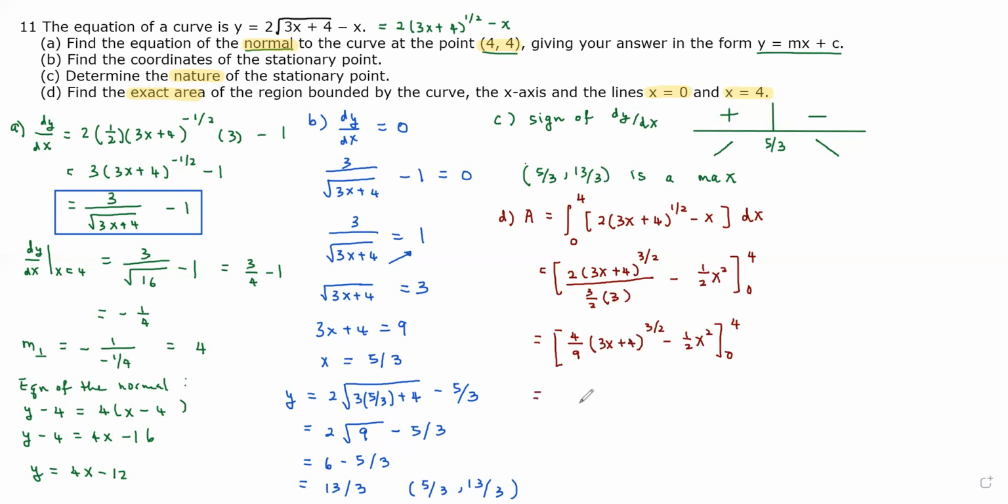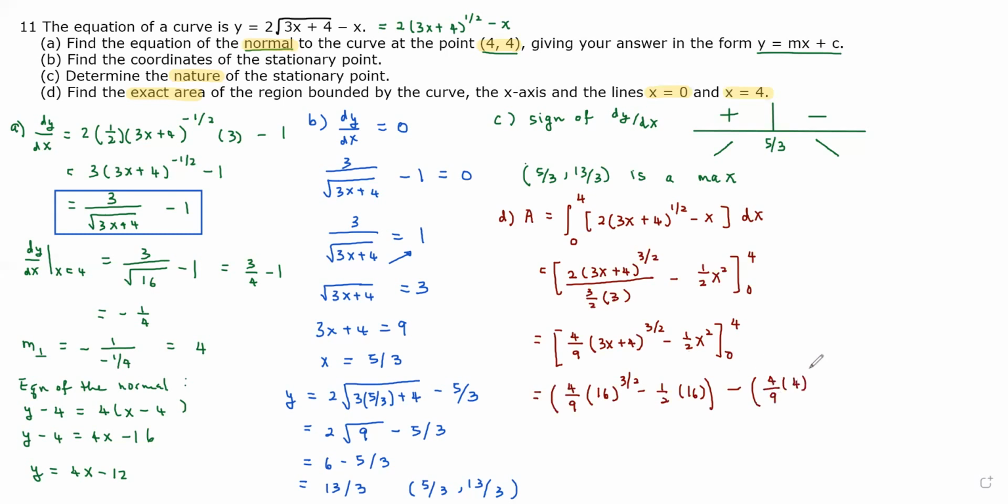We replace x with 4 into this whole part. We have 4/9. Then when x is 4, 12 plus 4 will be 16. So we have 16 to the 3/2 minus 1/2 times 16 here. Minus, now this expression is evaluated with x equals 0.